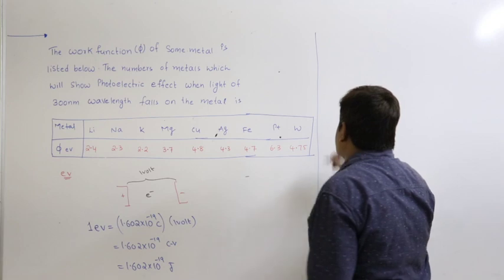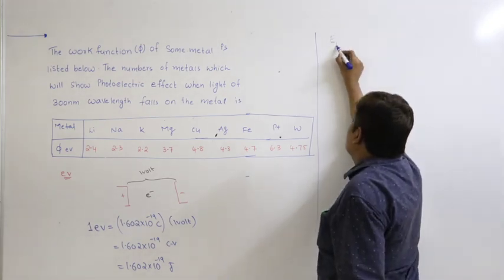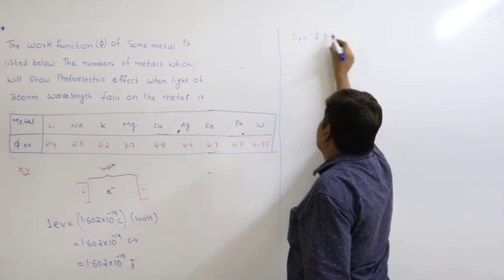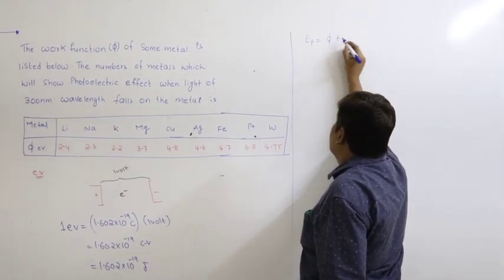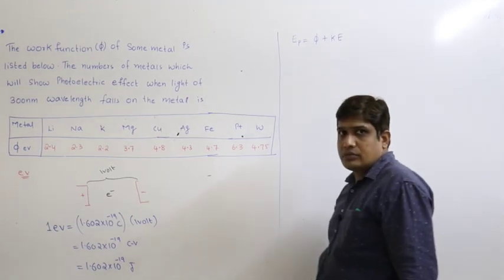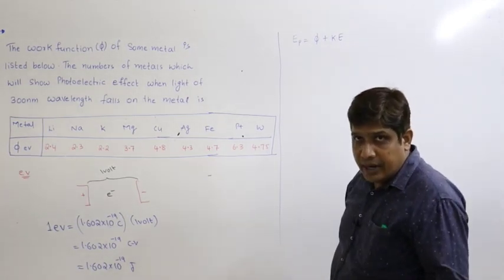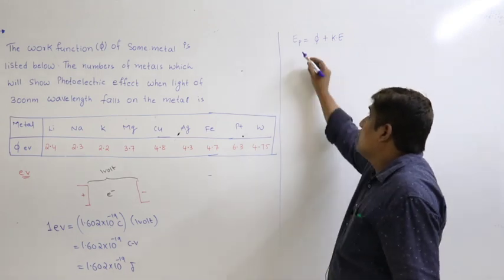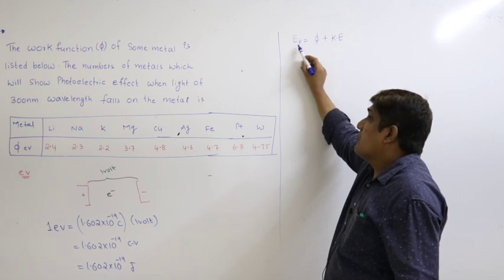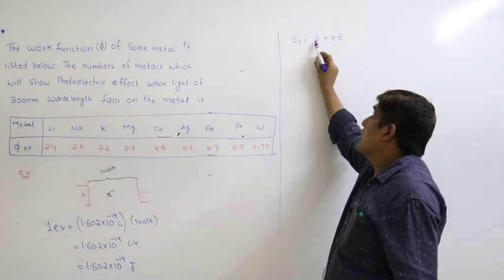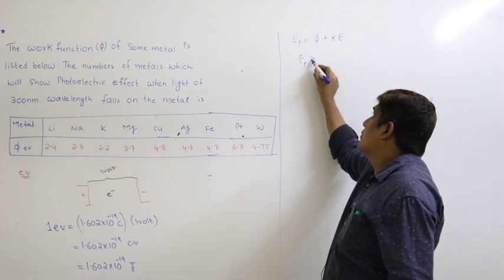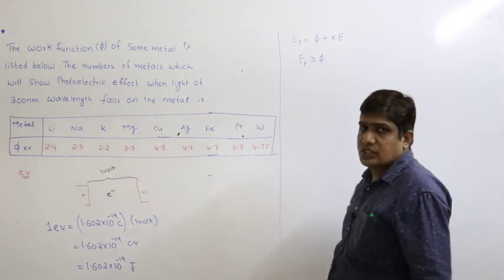Study the conditions. In the last class we have studied that the energy of a photon is used in two ways: to supply the required minimum energy, and to increase the kinetic energy. For a metal to show the photoelectric effect, that means to emit electrons, the energy of the absorbed photons should be equal to or greater than the work function.